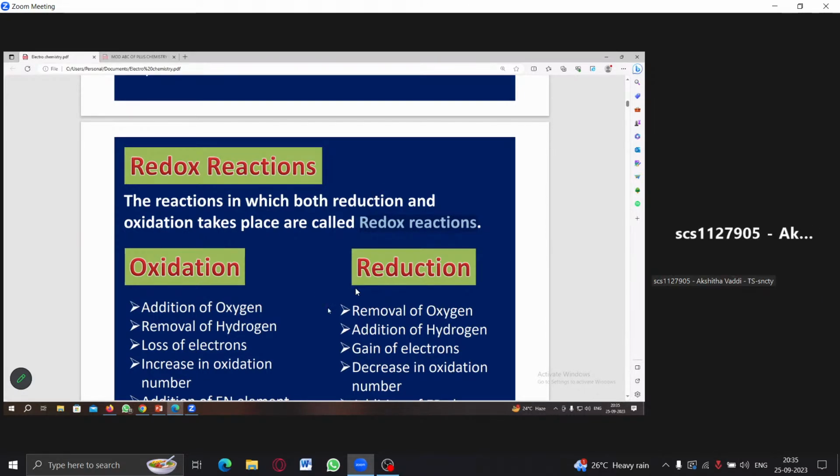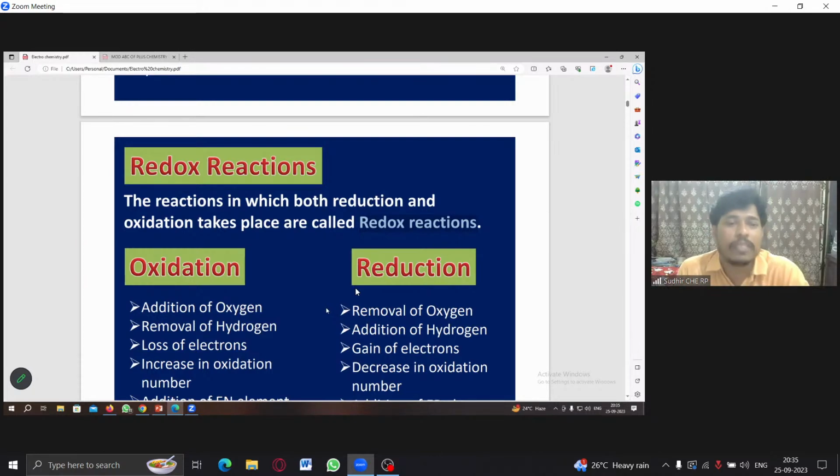So definitely, if one substance is involved in the oxidation process in a particular chemical reaction, another substance must be involved in the reduction process. Then only will oxidation and reduction occur simultaneously. So the reactions in which both reduction as well as oxidation take place simultaneously are called redox reactions. Please remember this basic term.